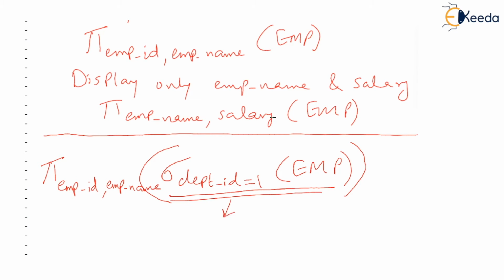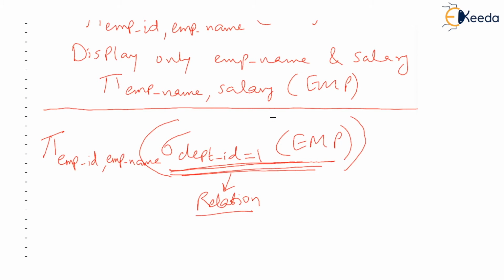Isn't it so? Now please try to understand. The result of this bracket here is a new relation. You can call it a temporary relation or temporary table. And this temporary relation is of course having only those employees where department ID is 1. But don't forget, it has all the columns.